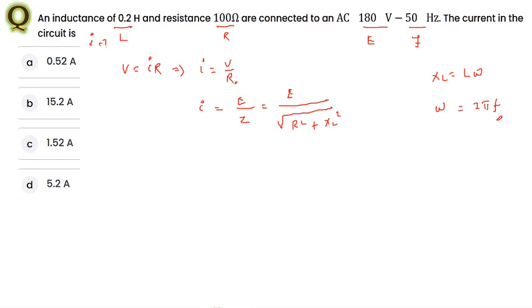From here, XL is L omega, so I just substitute: I is E divided by the square root of R square plus L square omega square. Now substitute all the values.